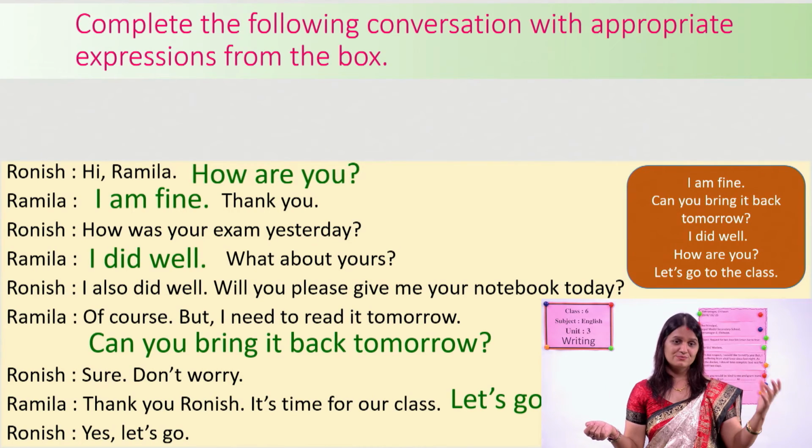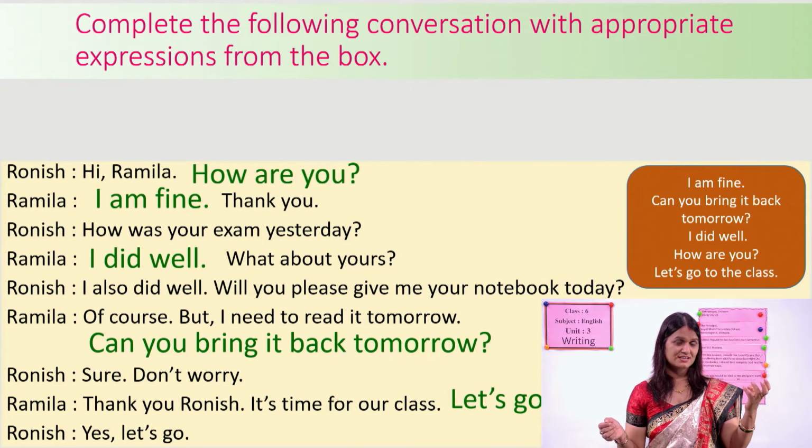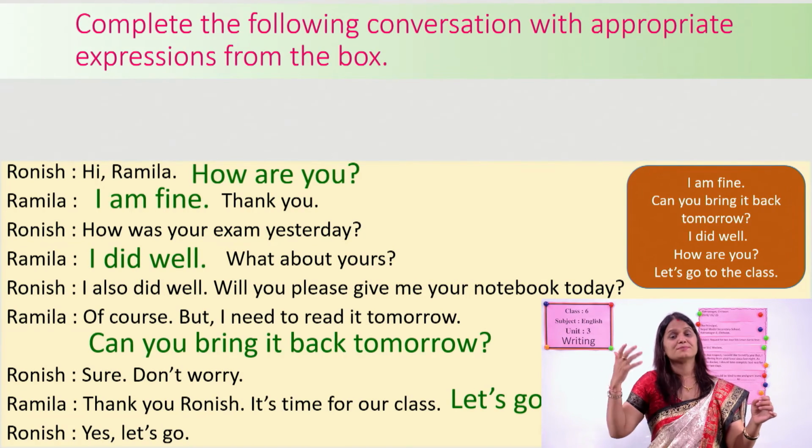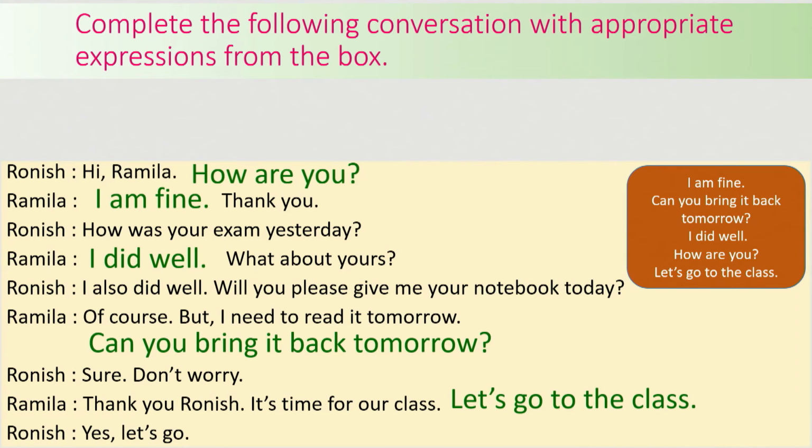I also did well. Will you please give me your notebook today? Of course, but I need to read it tomorrow. Can you bring it back tomorrow? Sure, don't worry. Thank you, Ronis. It's time for our class. Let's go to the class. Yes, let's go. So in this way, we can talk to our friends, right?